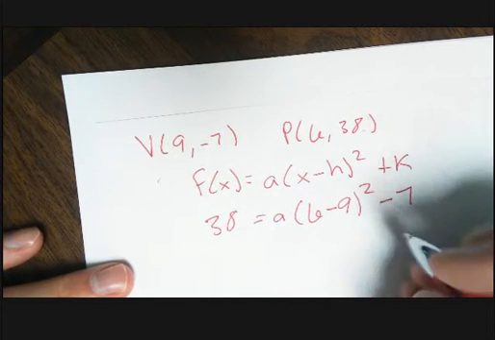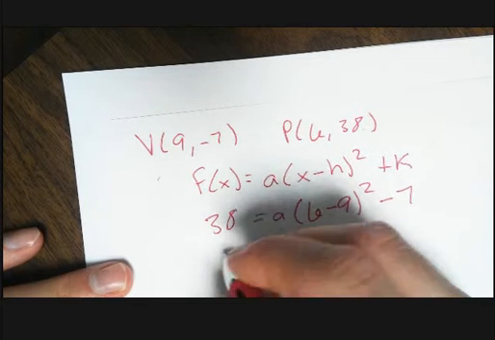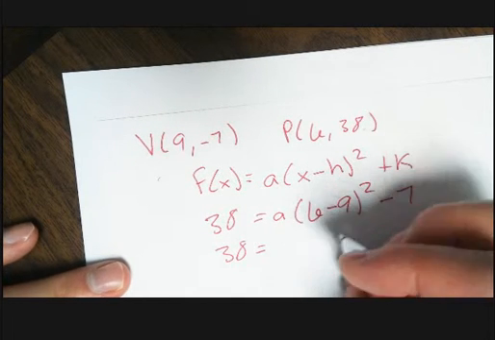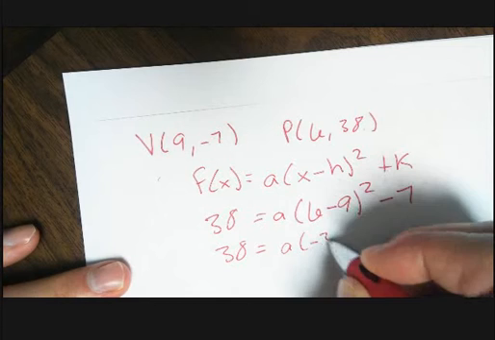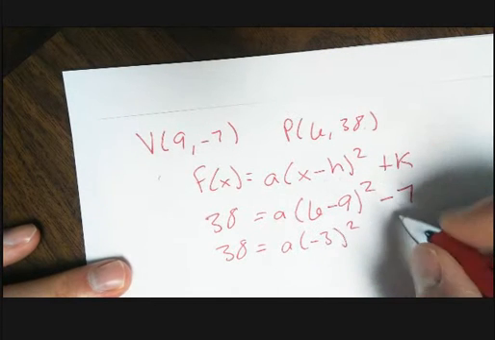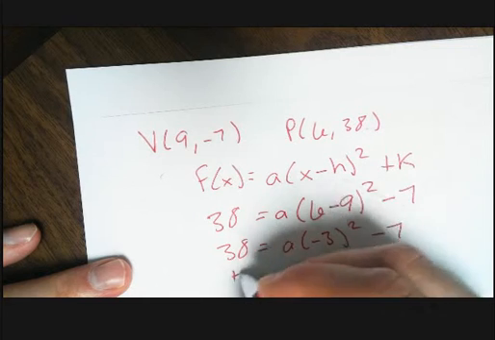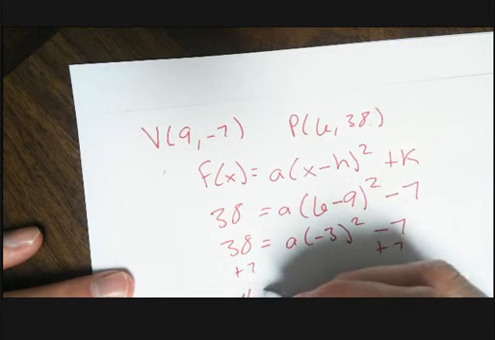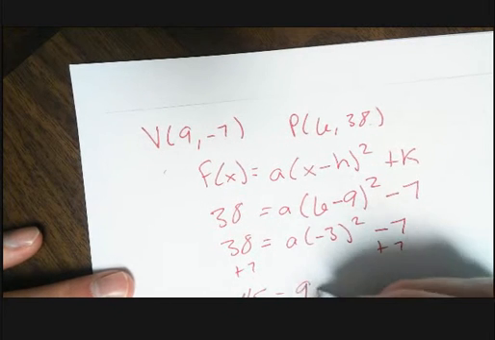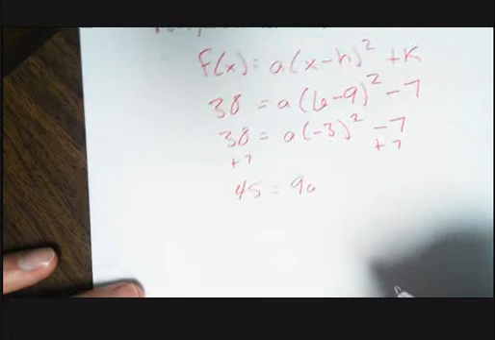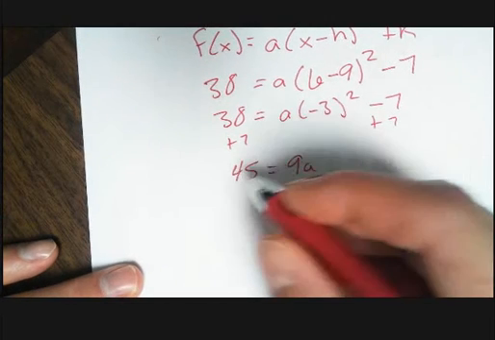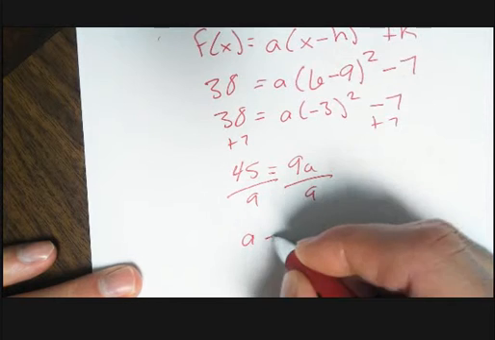Alright, so then we're just going to break some things down, simplify, and that's going to give us our a. And we're going to go ahead and add our 7 to both sides, so we get 45 equals 9a. Okay, and we're going to divide by 9, and we notice that a is equal to 5.